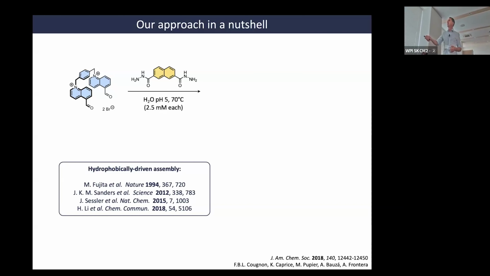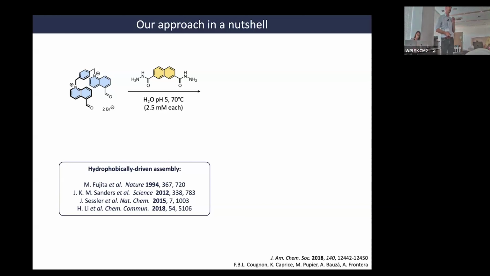And so here in this specific case, how the experiment is performed is that you take your two components in blue and orange, dissolve them in water at a concentration of 5 millimolar total, adjust the pH to 5, and heat up the reaction mixture. You wait, usually we wait overnight to be sure that it goes to completion.